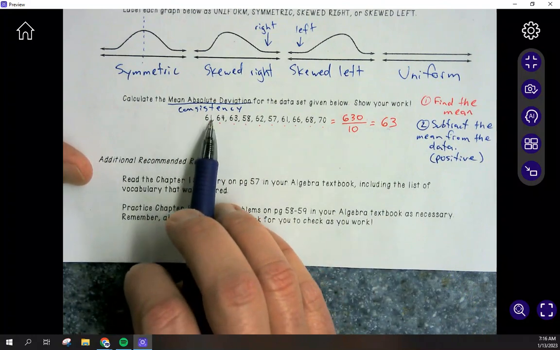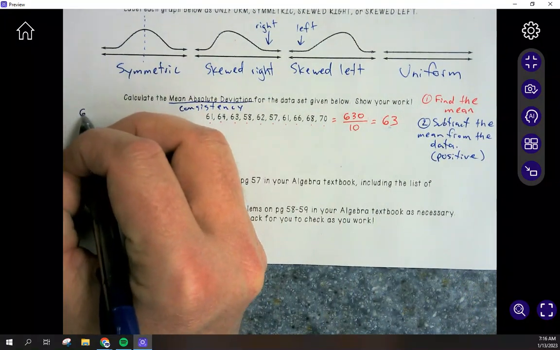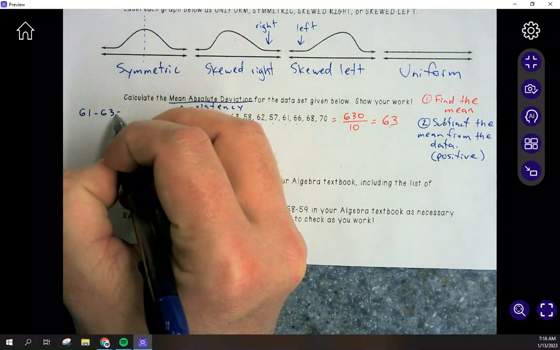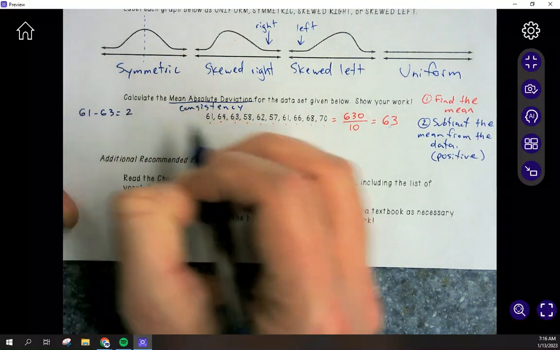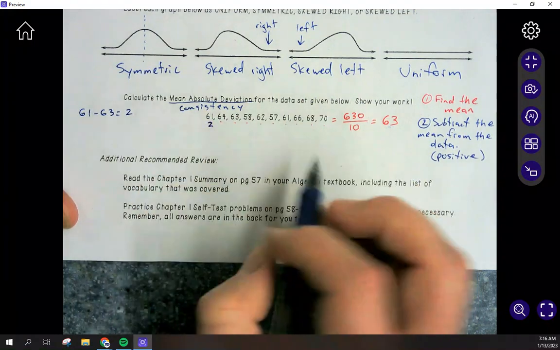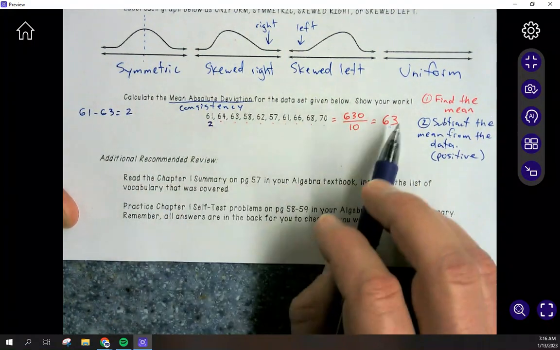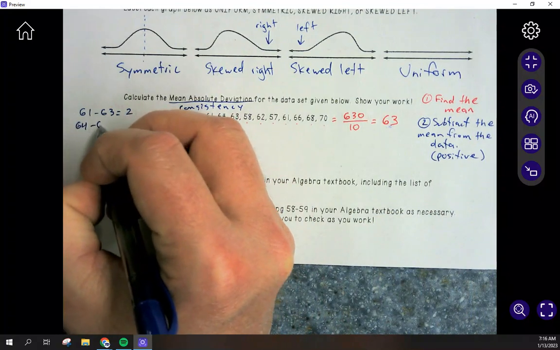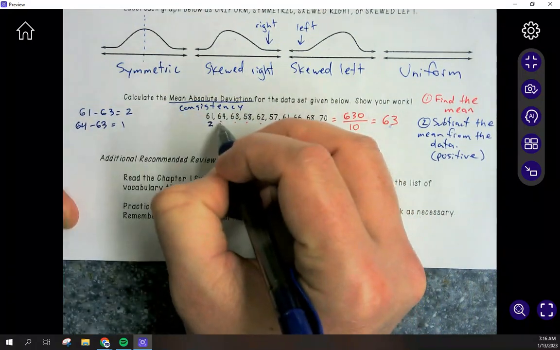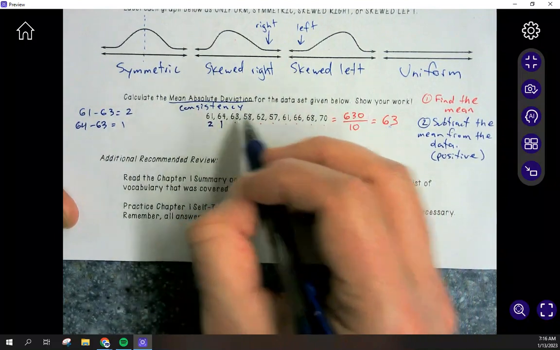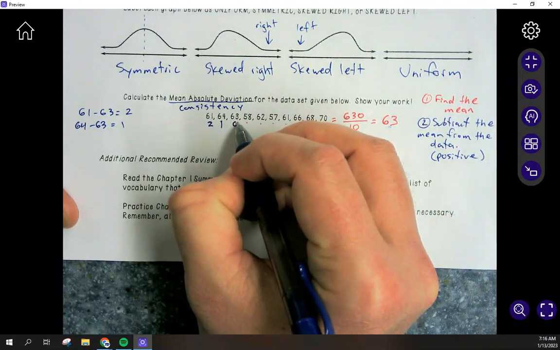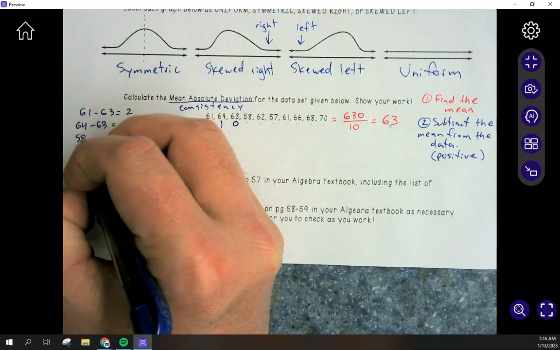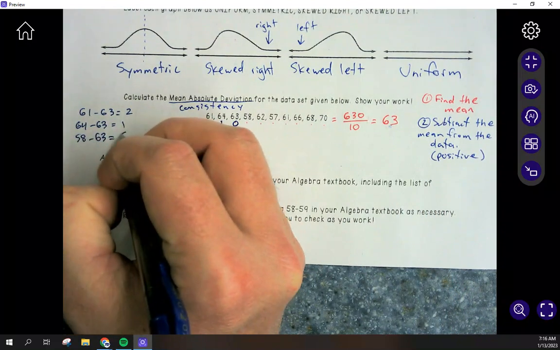Okay, so 61, I'll write this over here. 61 minus 63 is negative 2, but we're just going to call this positive 2. And that just comes from 61 is 2 away from here. So 64 minus 63 is 1 away. 63 matches it, so that's a 0. 58 minus 63 is 5 away.